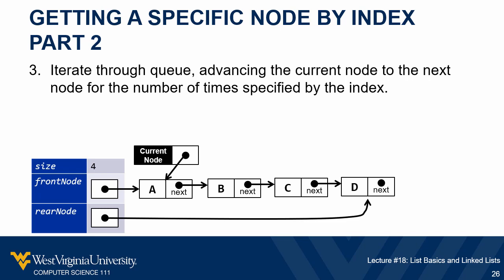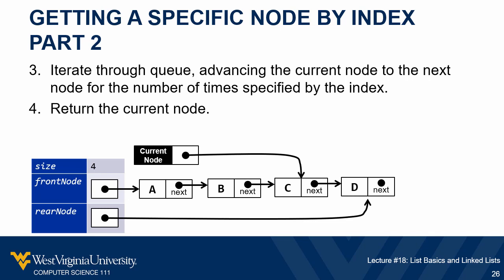Let's say that we want index 2. In that case, I'm going to advance to the next node once and then twice. When we stop advancing, when we get out of our loop for doing that, current node is going to be pointing at the node that we want to actually return. So we can just go ahead and return our current node at that point in time.